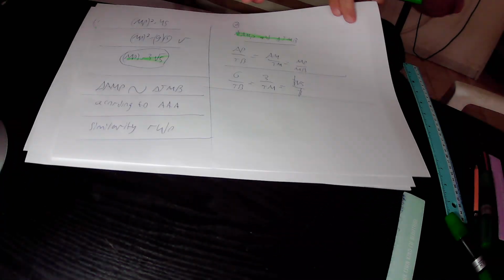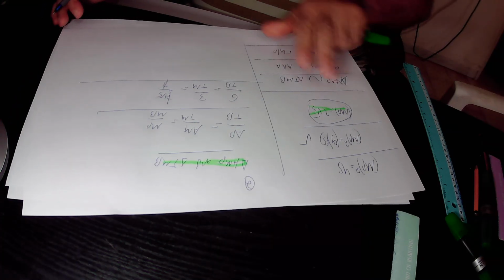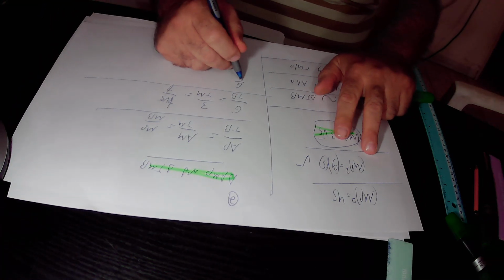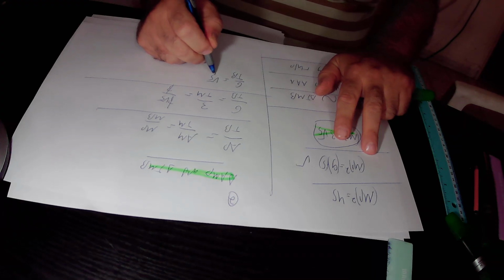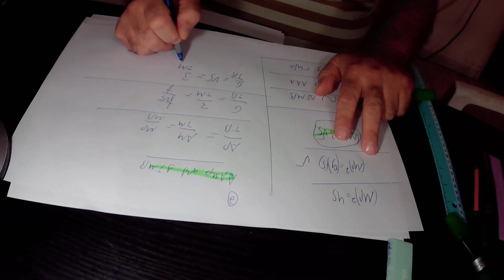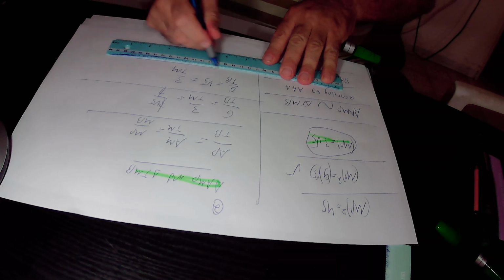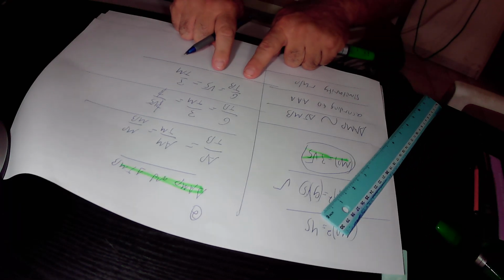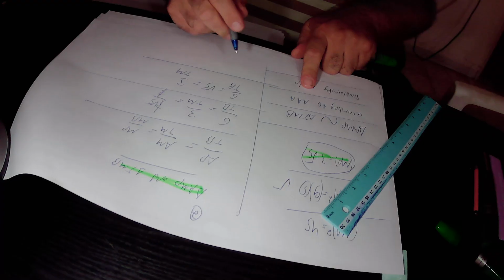So 6 over TB equals the square root of 5, and it is also equal to 3 over TM. Those two sides are equal to each other, so we get the first expression: 6 over TB equals the square root of 5.